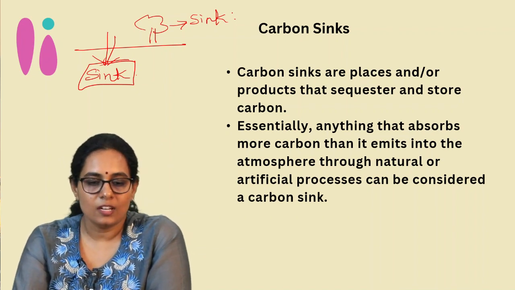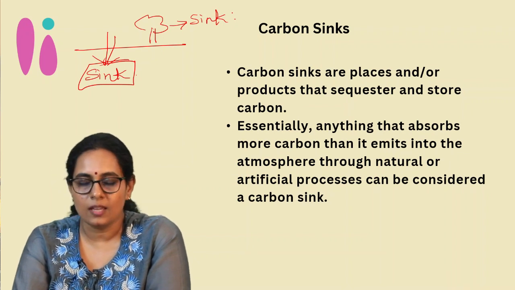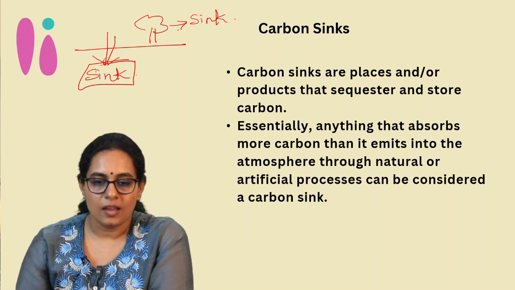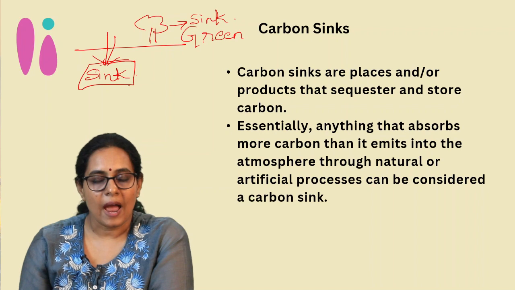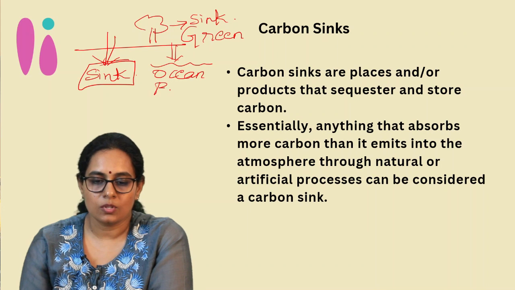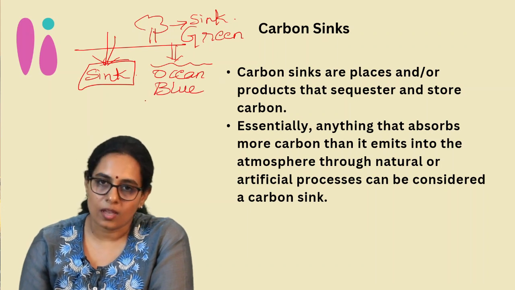So carbon, when it's stored in the ground, it becomes a geological sink. When carbon is stored in the plants, it becomes a green sink. And carbon, when it is stored in the ocean, it becomes a blue sink.